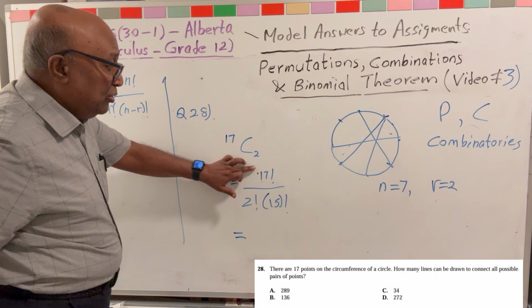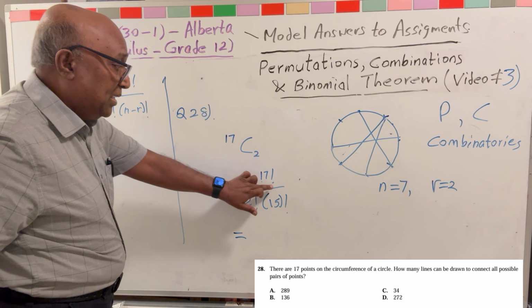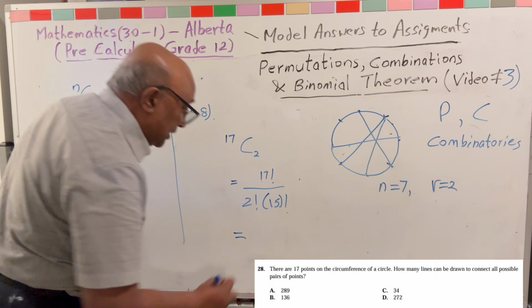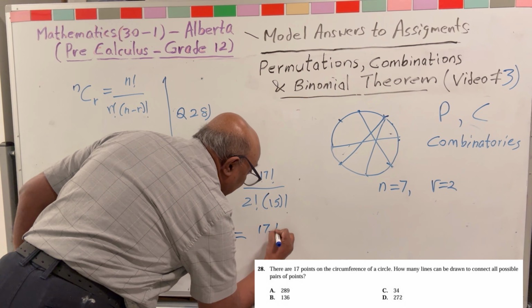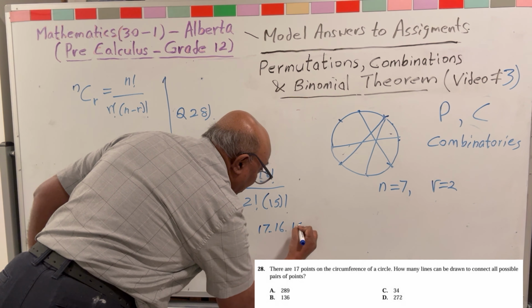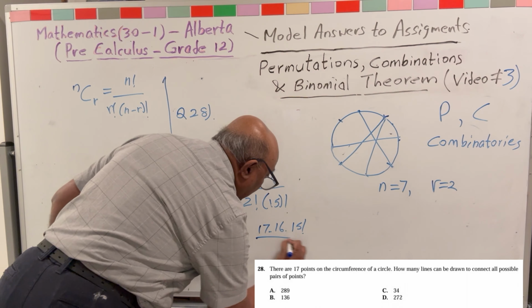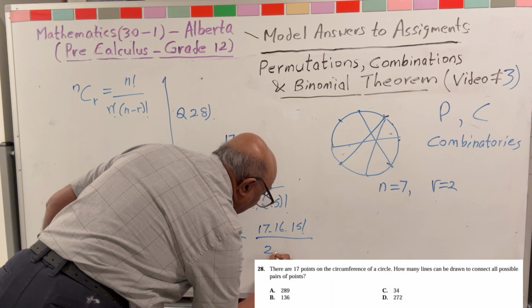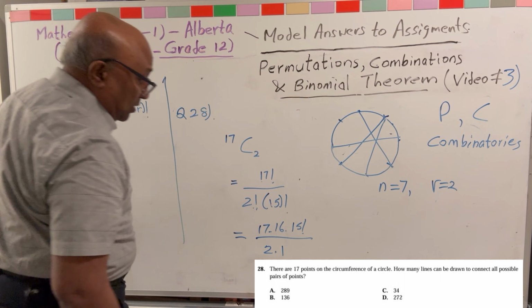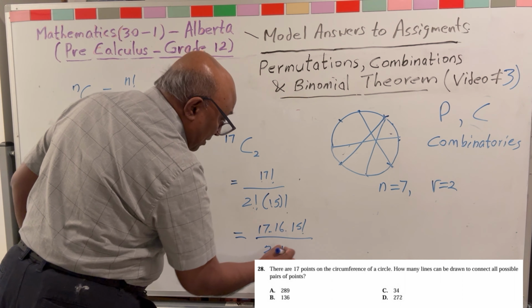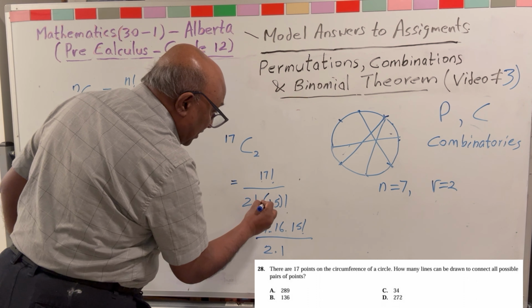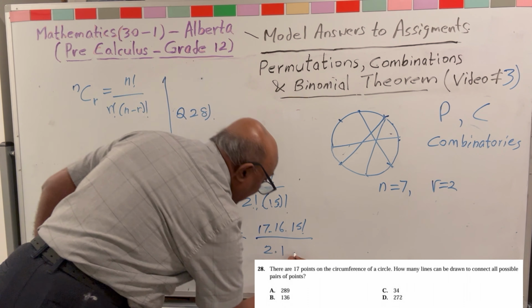Let's expand this. Now you know how to expand this better than me. So start with 17, 16, and the rest of the product is 15 factorial, because I observe 15 factorial here, divided by factorial 2, which means 2 times 1. Now what happened? You have to write this 15 factorial again before cutting.